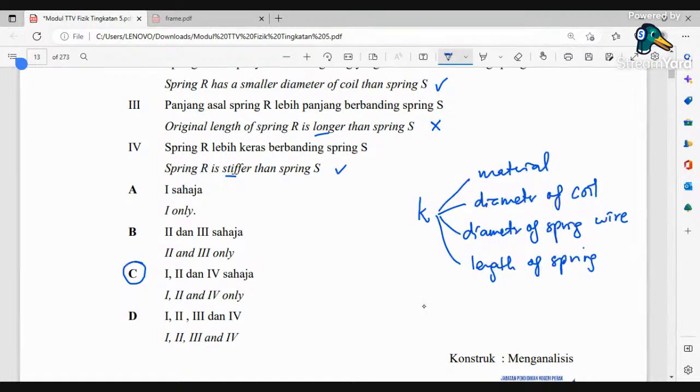So those are the factors you need to know. If K is larger, it means the material is something like steel, which has a larger K than copper.